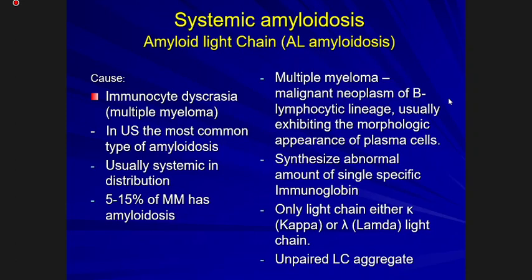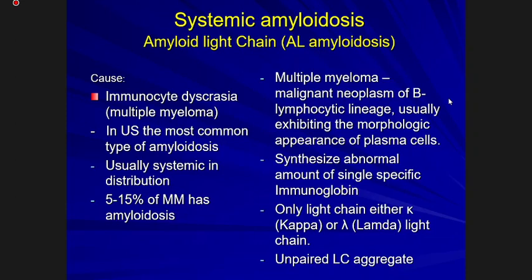What actually happens is that there is a lot of one type of light chain. Remember, your light chains are paired, kappa and lambda. So you will have a lot of free light chain as well, which means light chain that cannot be associated to form your immunoglobulin. You have to remember again your immunology, how your immunoglobulin is formed.